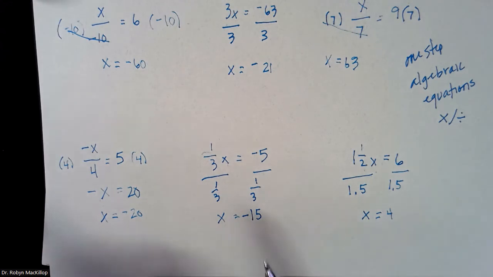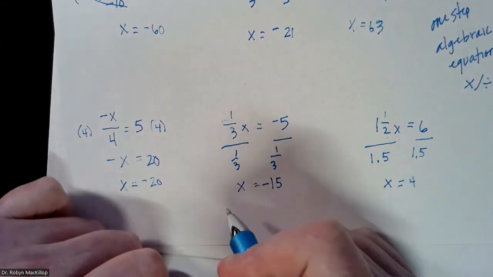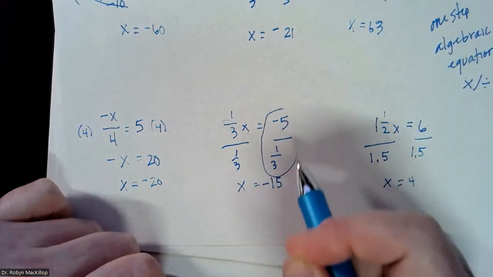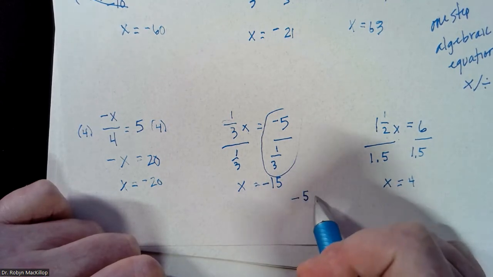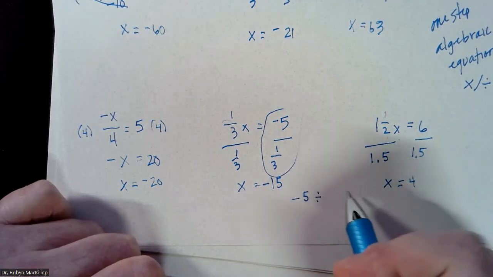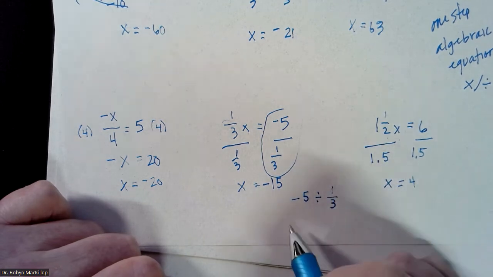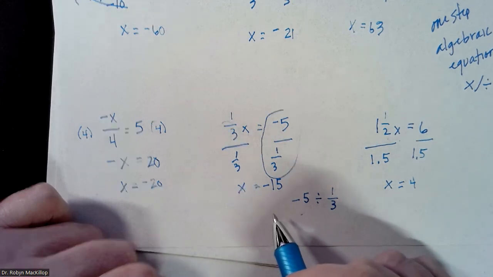Now, I'm going to do this one really quick by hand. So we've got this. This is what we have to deal with. I've got negative 5 divided by 1/3. How do I make a whole number a fraction?